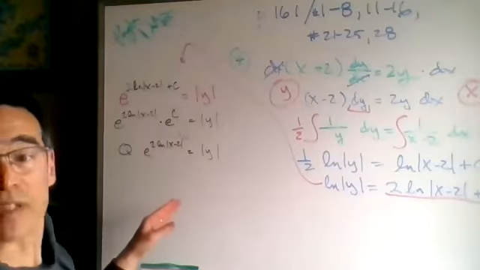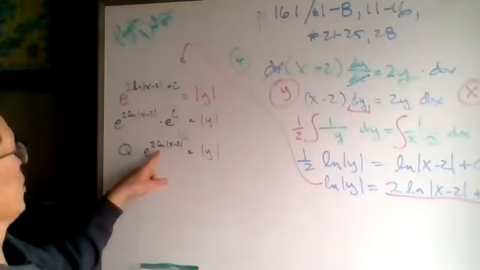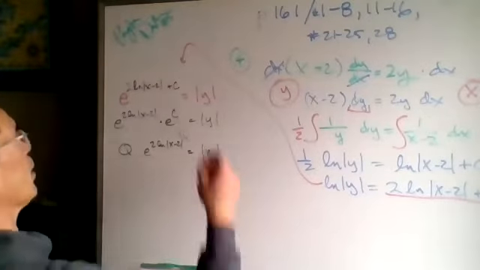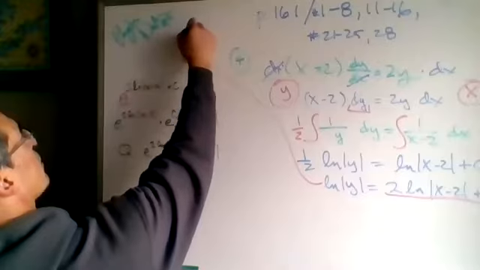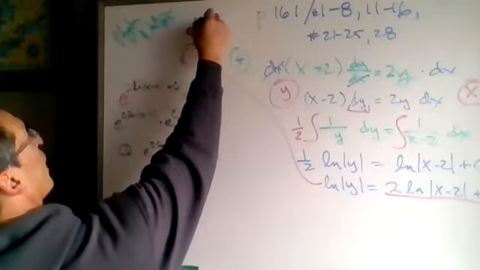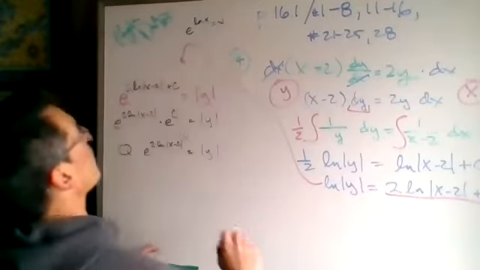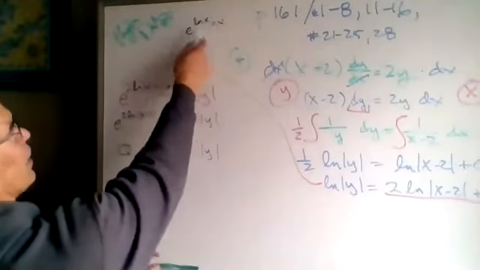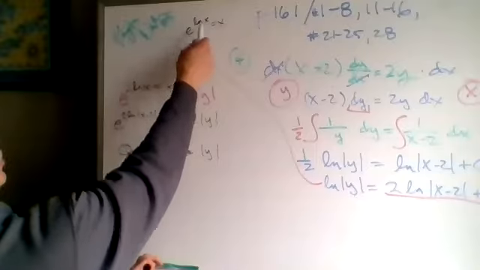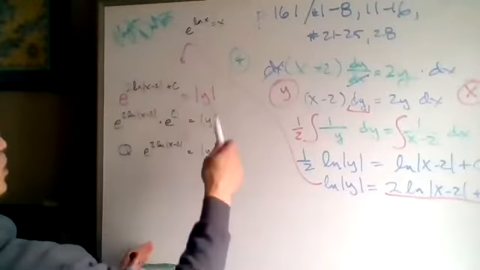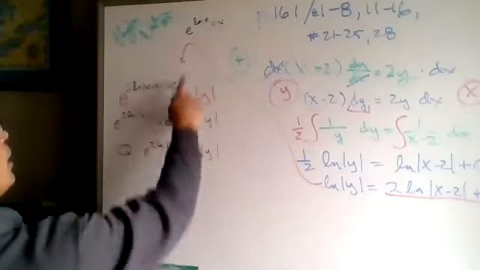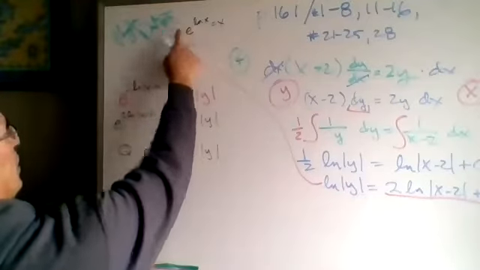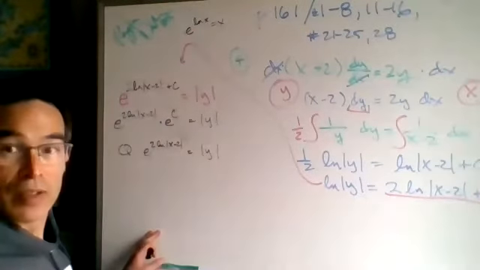I'll get to that question in a second, Katrina. So you know e to the natural log of x is x, right? Can you see that? This is one of our identities about e and natural log. Okay, so how do we incorporate that? Well, this doesn't have a coefficient. This does, right?